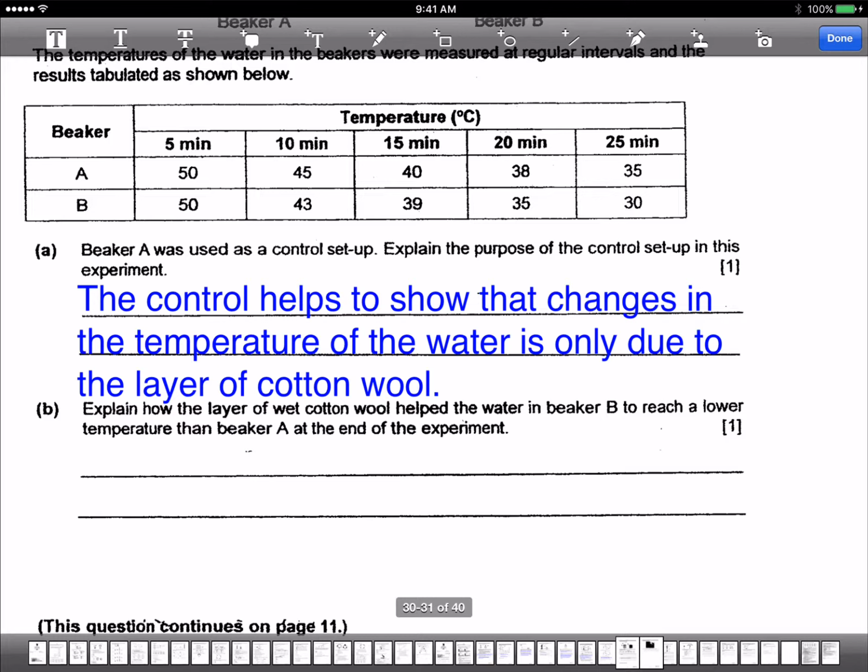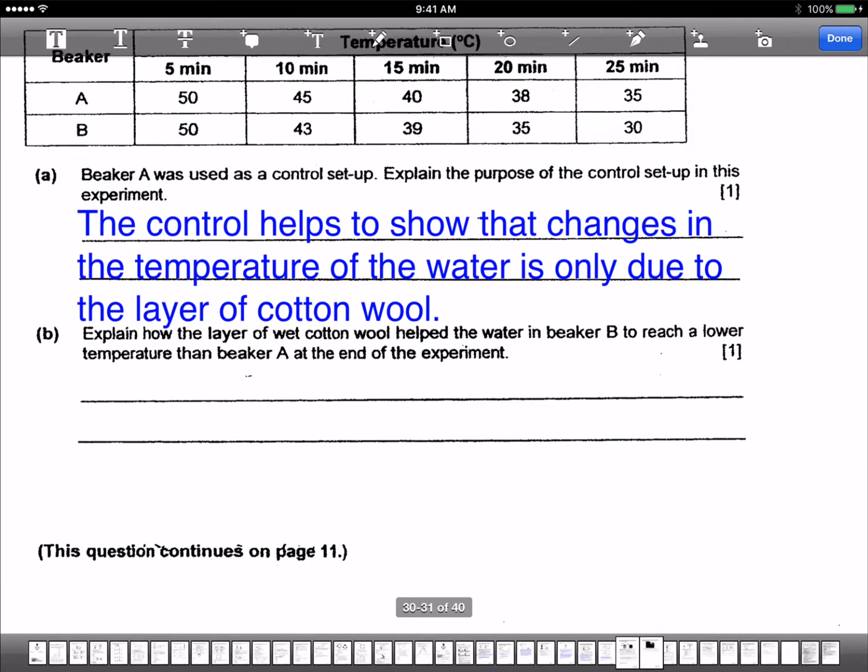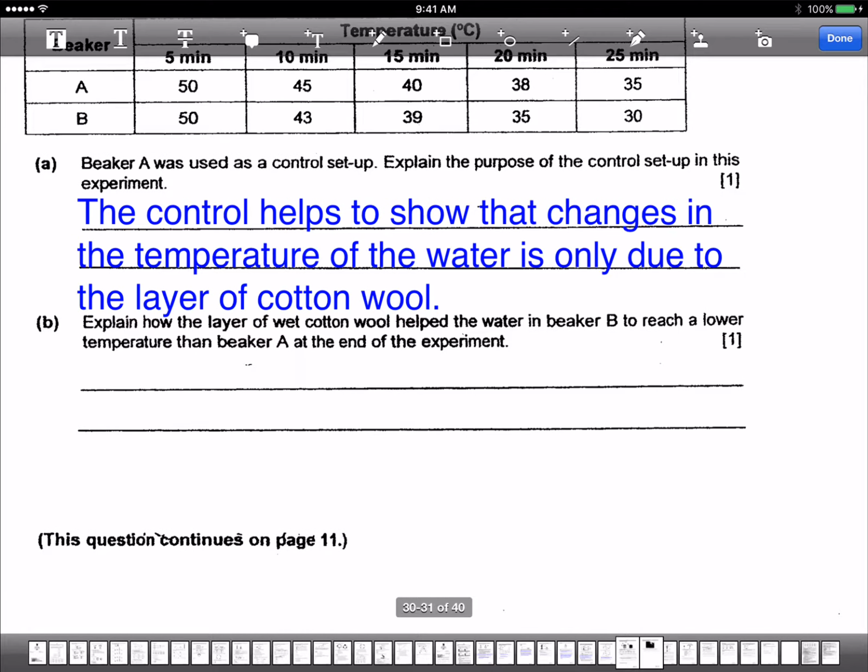So next one is explain how the layer of wet cotton wool helps the water reach a lower temperature. How come the wet cotton wool can help the water in the beaker reach a lower temperature? Because of evaporation. Okay. Of course you can't just write evaporation.